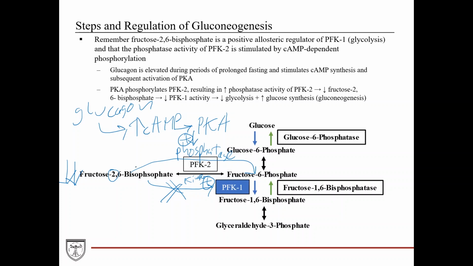And then in addition to that, since you have decreased levels of this, it also can't contribute to inhibition of fructose 1,6-bisphosphatase. And so what the end result is you have decreased glycolysis and increased glucose synthesis or gluconeogenesis. And so you have stimulation of this enzyme.